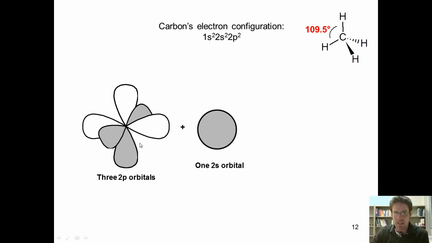It's taking these three individual 2p orbitals, this one 2s orbital, squishing them together, and separating them out into four separate and equal sp3 orbitals.